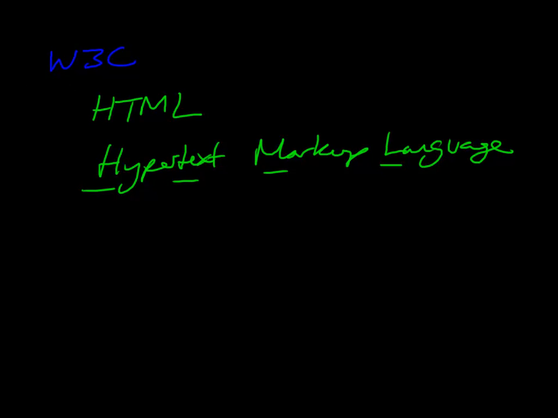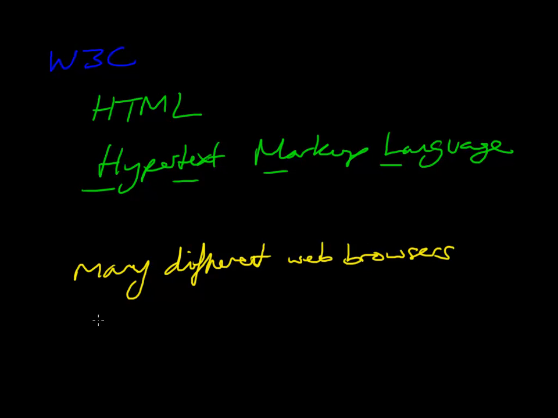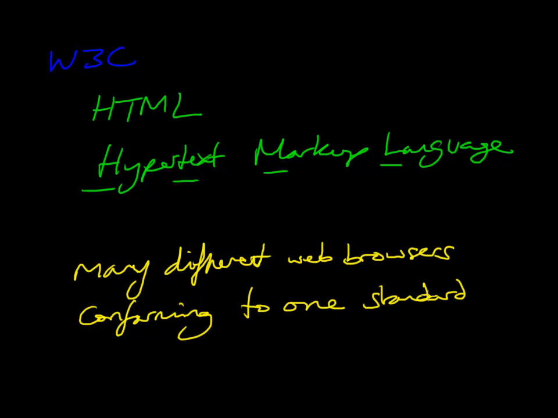The advantage of having an open standard here is that we can have many different web browsers conforming to one standard. So I don't have to make a web page for Chrome and for Internet Explorer and for Firefox and for Safari.